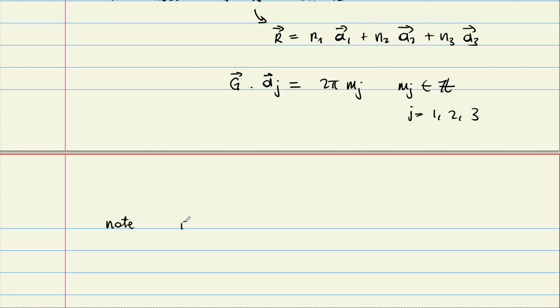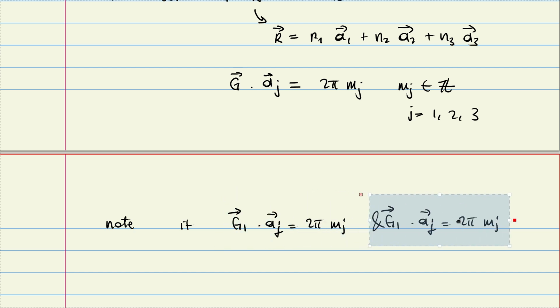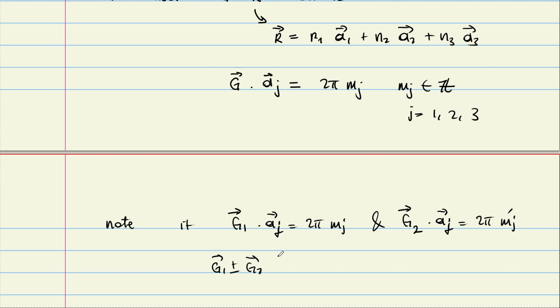Note, if G1 satisfies this condition, with 2 pi mj, and some other vector, let's call it G2, also satisfies it with some other integer, then G1 plus G2, and also G1 minus G2, and their sum also satisfies it.